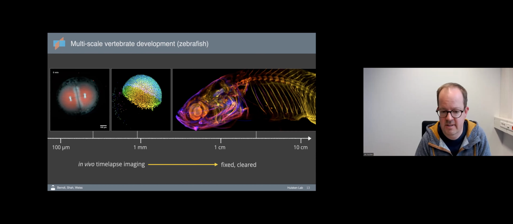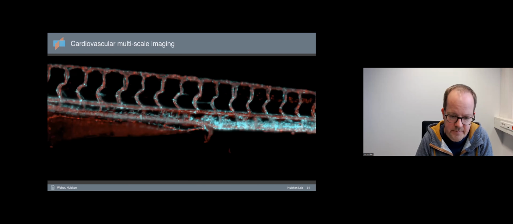And of course, the task in the future is to push the boundary further and further and image longer and longer, and then ultimately use the fixation and the clearing just as the last resort, maybe the last time point of your time lapse, and then ideally, of course, combine the information of the fixed and cleared state at the end of your time lapse with the temporal information that you've gathered through a time lapse.